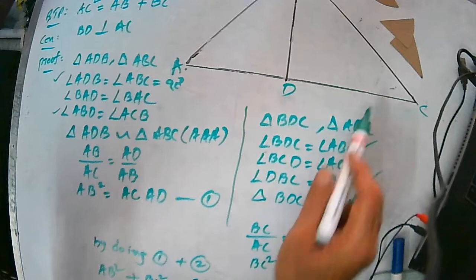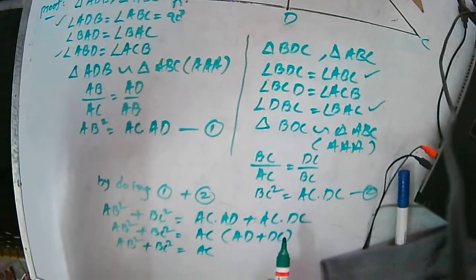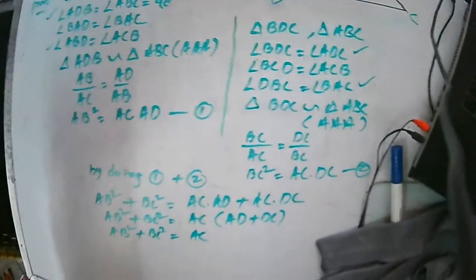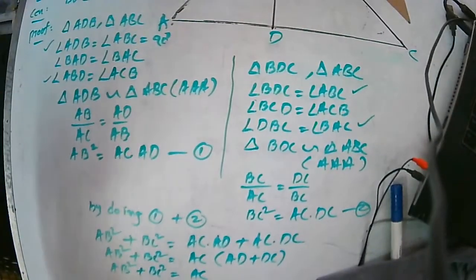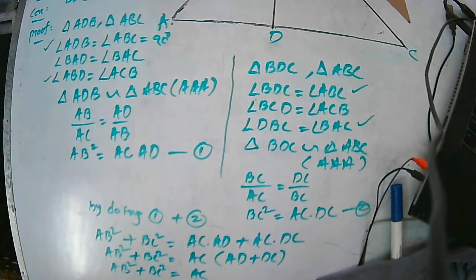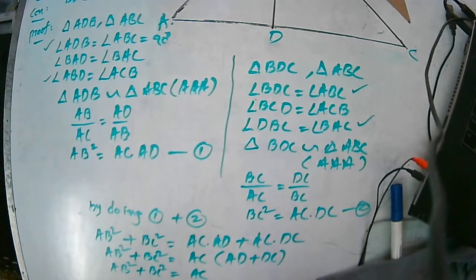AD plus DC, you get AC. So instead of AD plus DC, we can write AC.